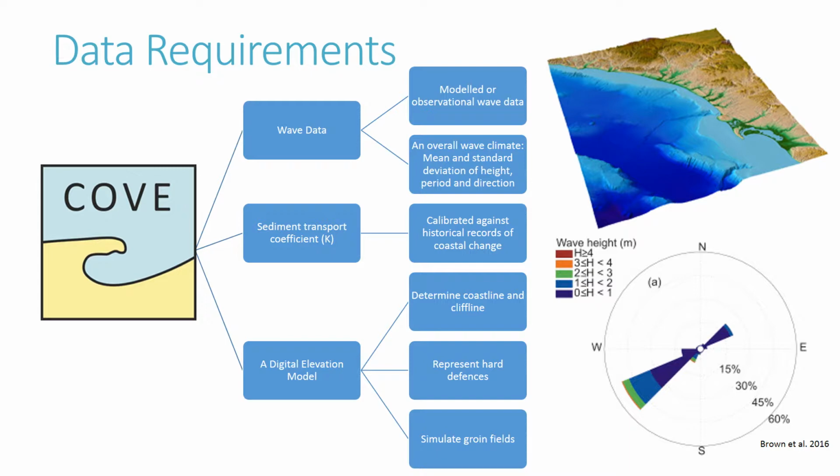A digital elevation model provided by means such as light detection and ranging, also known as LiDAR, is required to allow the identification of the coastline and the cliff line, which can be fixed to represent hard defences such as sea walls. A minimum beach width can also be prescribed to simulate groin fields. LiDAR or Google Earth satellite imagery can also provide a means of validating the model against historic shoreline recession.